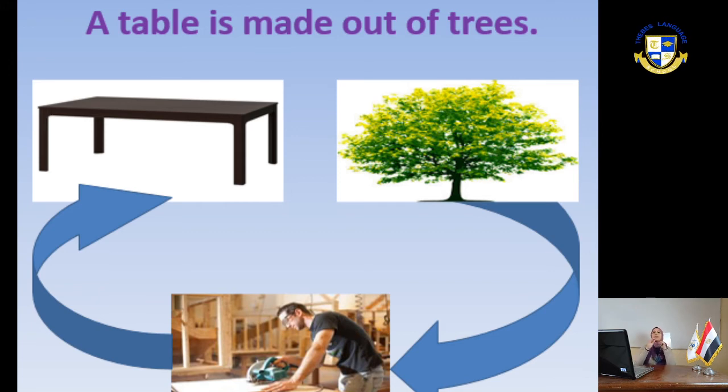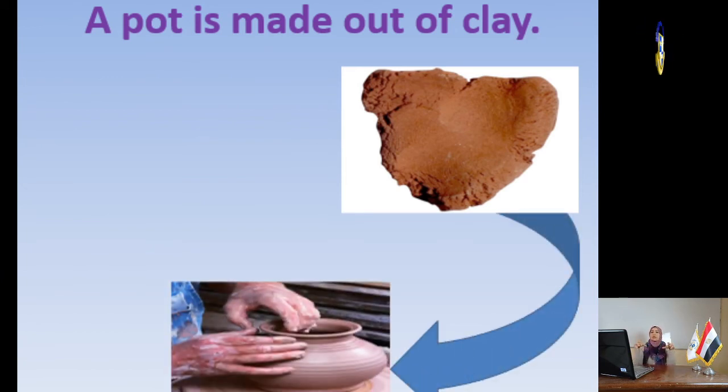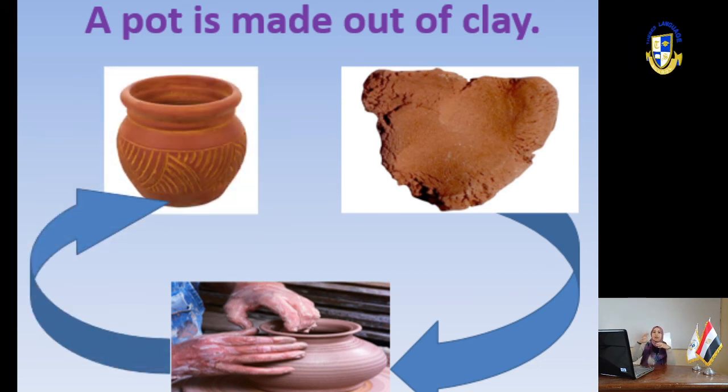Then slide number 7. There is the life cycle of a pot. Do you know the pot? A pot is something that we use at home to put flowers in, put soil and a plant inside, and in different shapes we can use it to put water inside. So a pot is made out of clay, and we said that clay is kind of like Play-Doh.